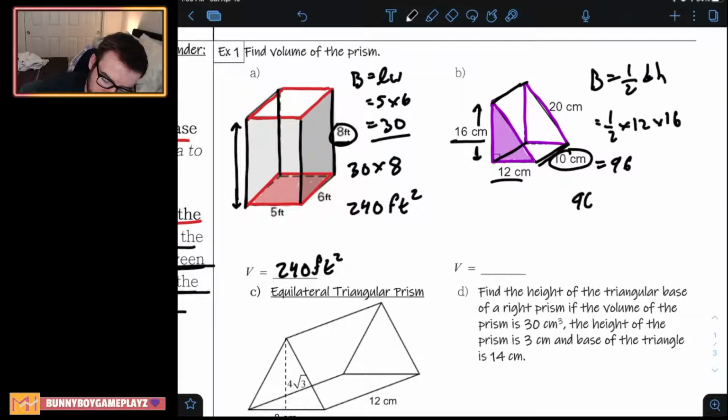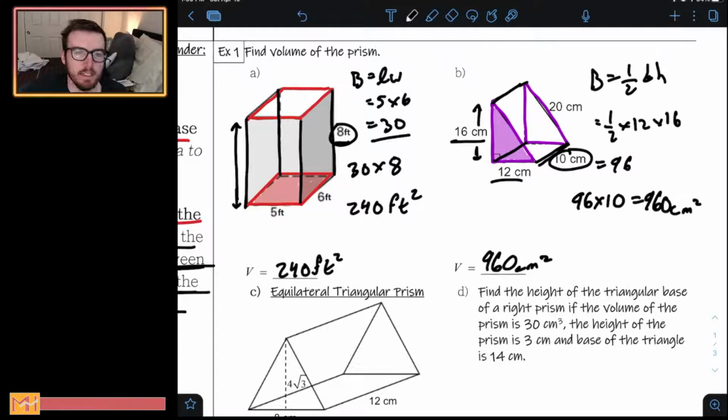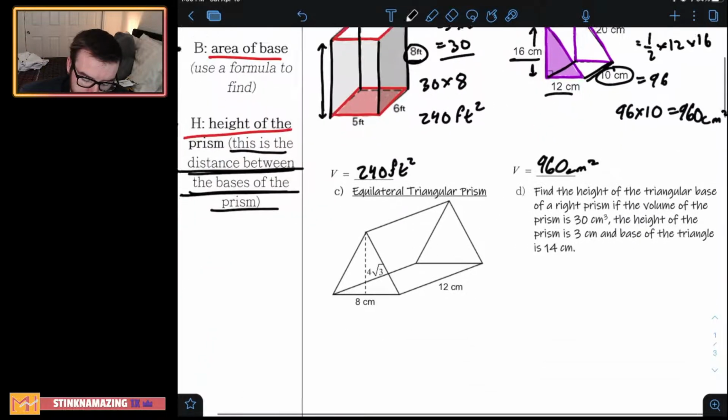So we do 96 times 10, which gives me 960 centimeters squared. When we say the word height, we're not talking vertical. We're talking about how far away the bases are, because you could put this triangular prism upright, right? It's sitting on a triangle and the triangle's on top, and then the 10 becomes the height. It's all a matter of perspective.